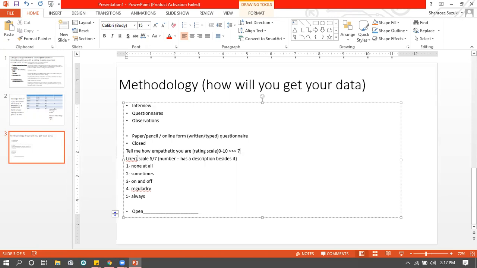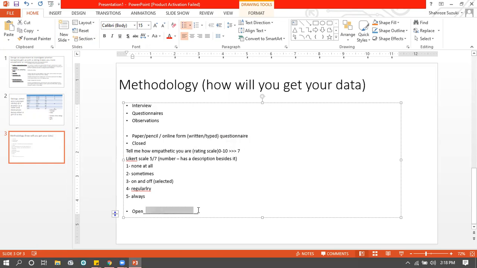All right, over here, if it was a Likert scale, what would you choose? Same question. 3, on and off. Right, so you selected this one. And if it was an open-ended question, same question, tell me how empathetic you are.